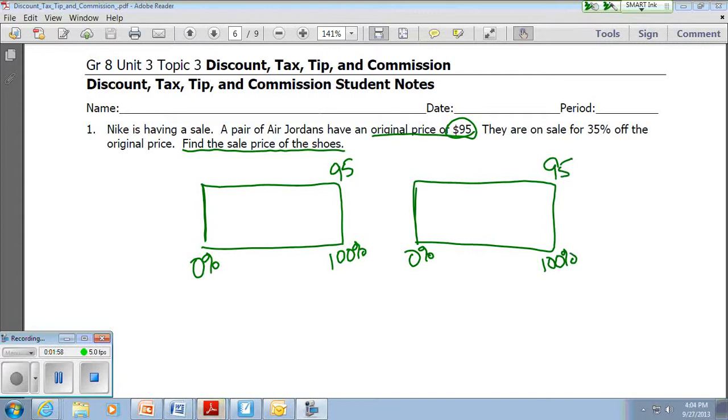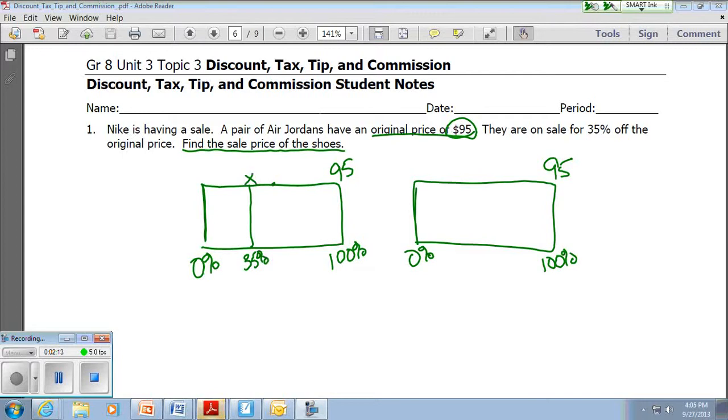The first thing I'm going to do is look for 35% of $95 and get that discount amount. So the 35%, if this is 50, about halfway, 35 is about right here. 35% goes on the bottom, and I'm looking for X.